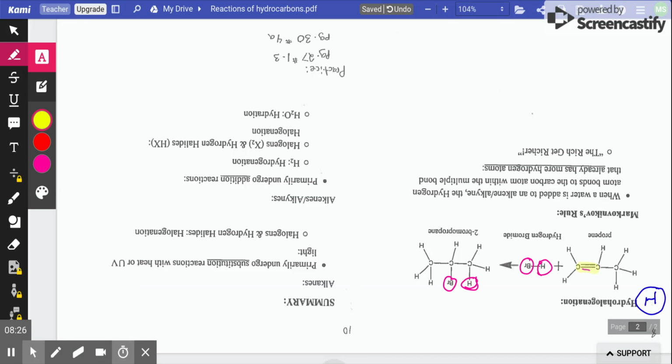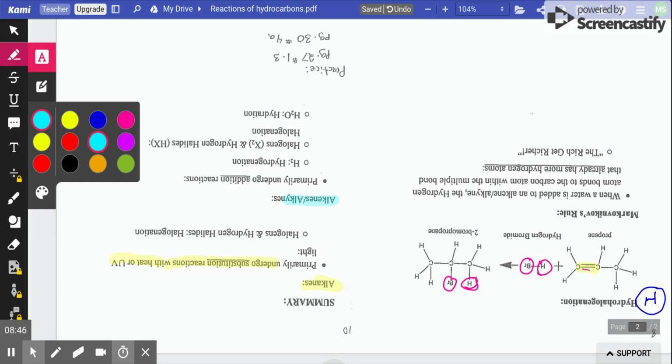On the other side of the back of this, which my page is upside down, it gives you a little summary. So alkanes primarily undergo substitution reactions. So these are important. Alkanes undergo substitution reactions. They need heat or UV light.